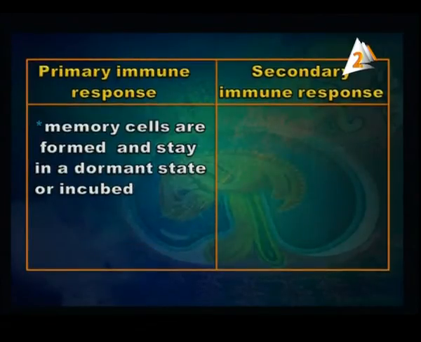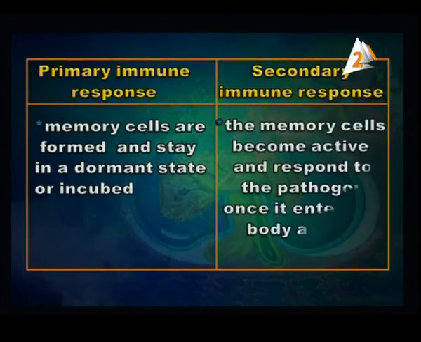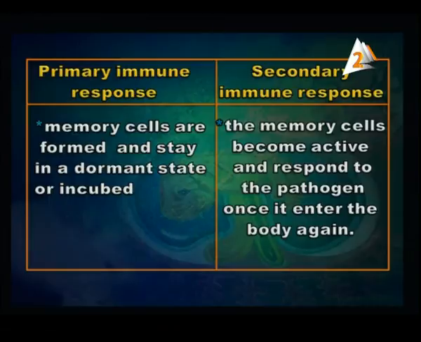In the primary immune response, memory cells are formed and stay in the dormant or incubated state, while in the secondary immune response, the memory cells become active and respond to the pathogen once it enters the body again.